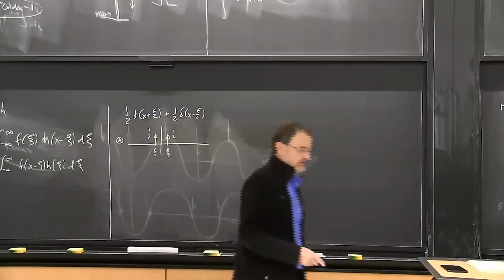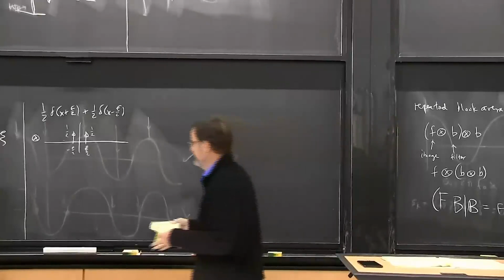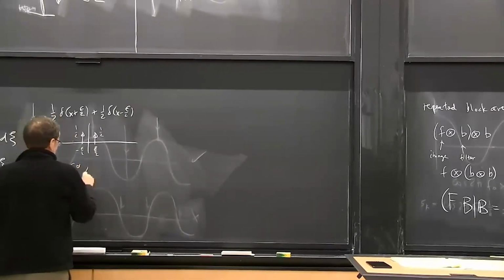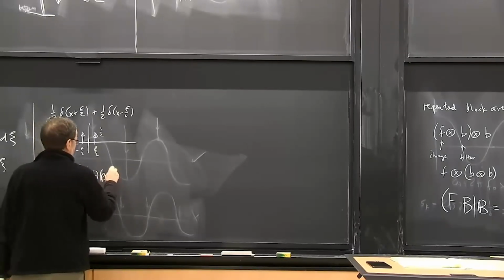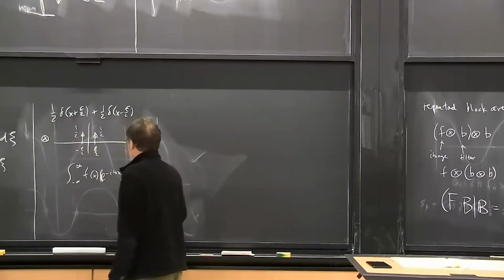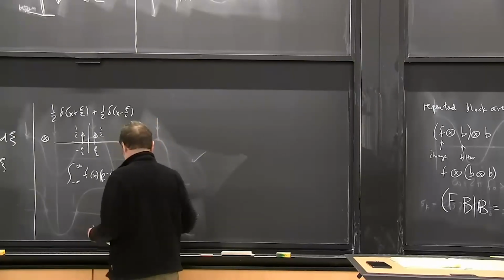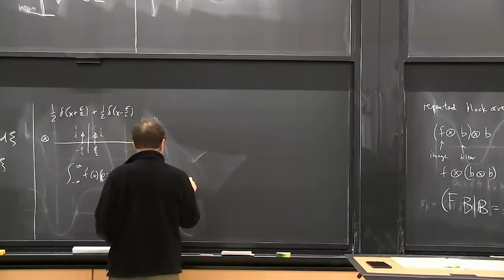And so how good does that work? Well, we take the Fourier transform. Right, so we take, and so that's going to be a half epsilon.